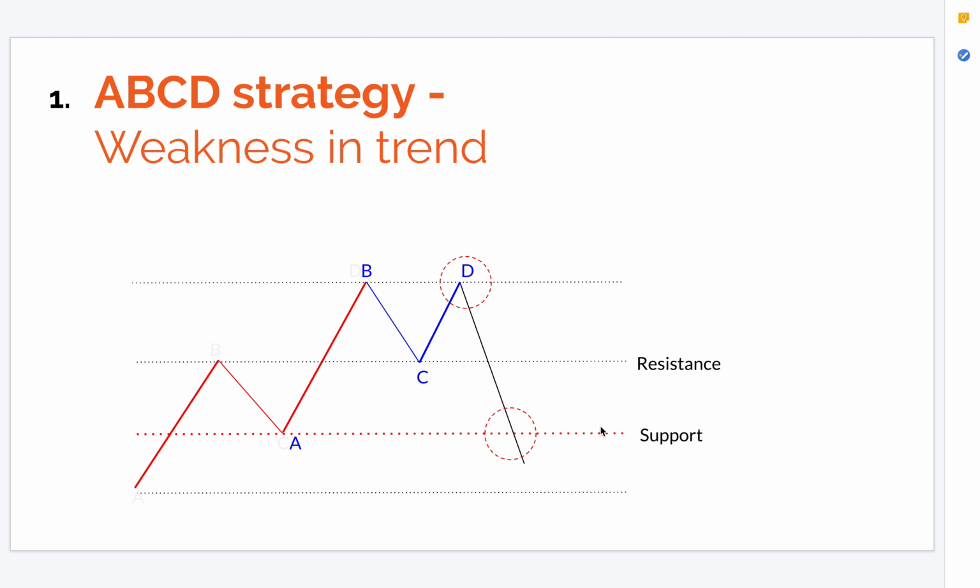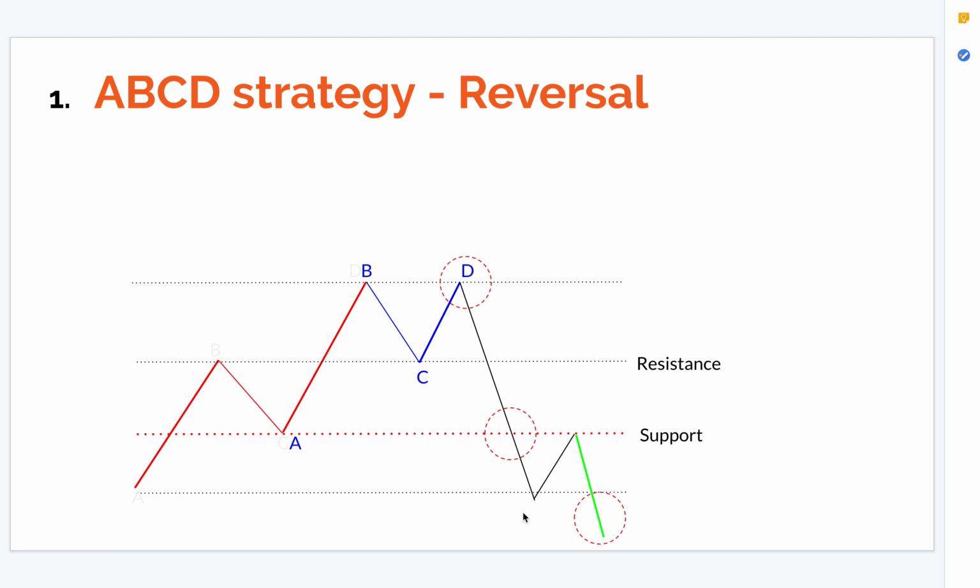I want to see resistance here, and then I want to see a new low. So you see, here's an example: come back up, see some resistance, and then come out to make a new low. So at this point, it's made two lower lows and a lower high.